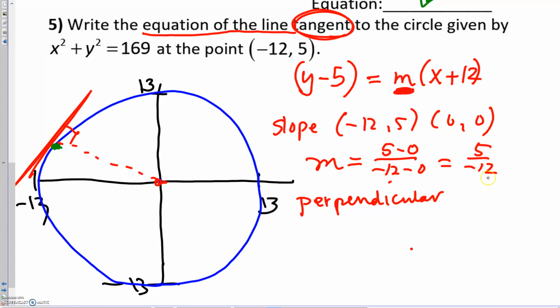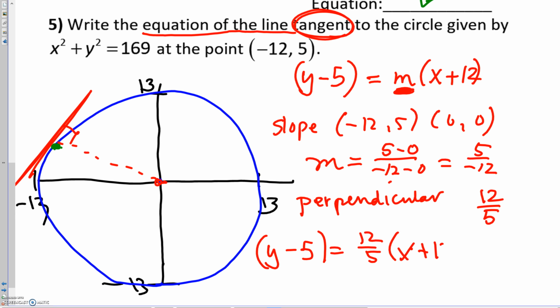So since this is negative, my perpendicular is going to be positive, and it's the reciprocal. So 12/5 for the slope of the tangent line. So the equation then would be y - 5 = 12/5 (x + 12).